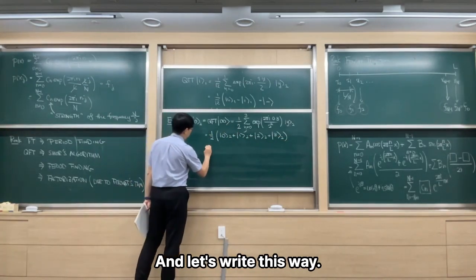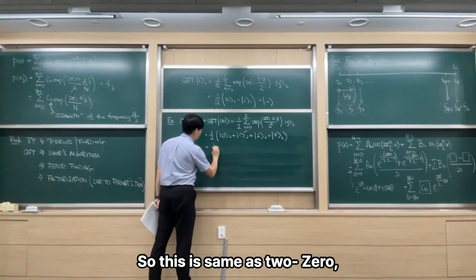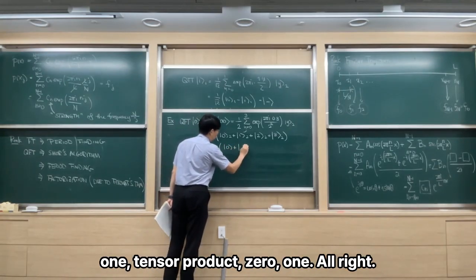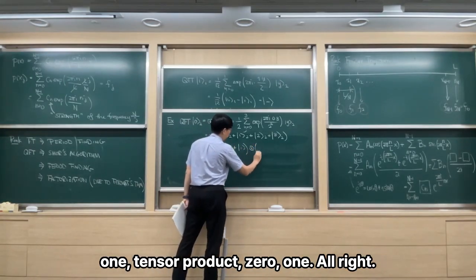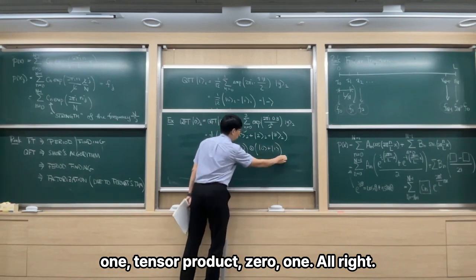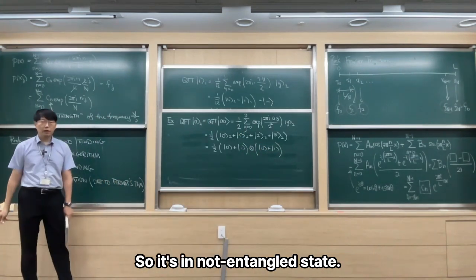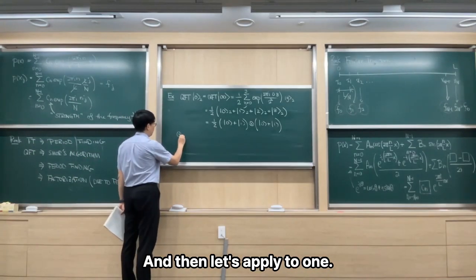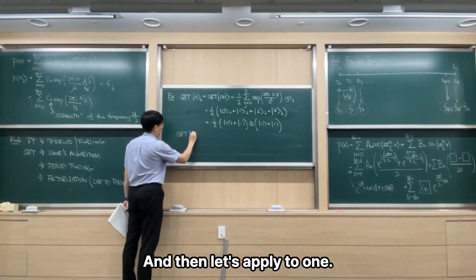And let's write this way. So this is same as 0 plus 1, tensor product, 0 plus 1, right? So it's not an entangled state. So then let's apply it to 1.